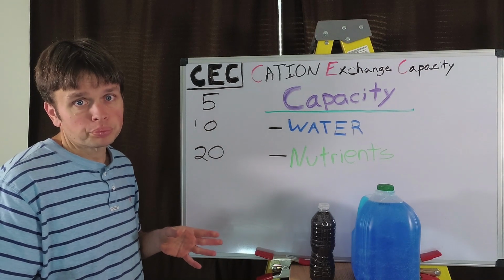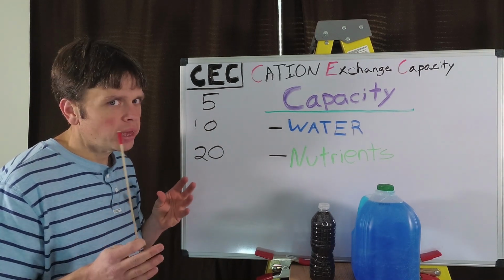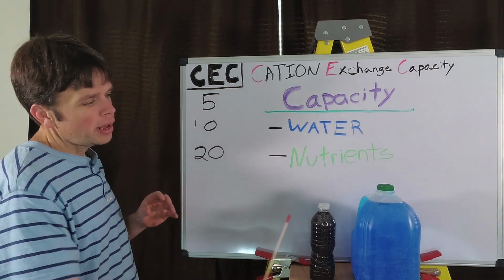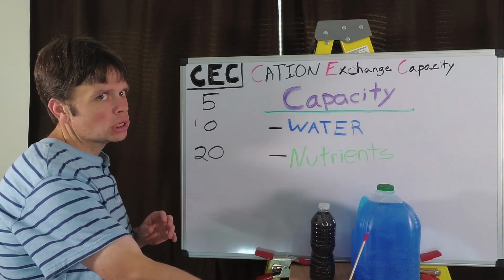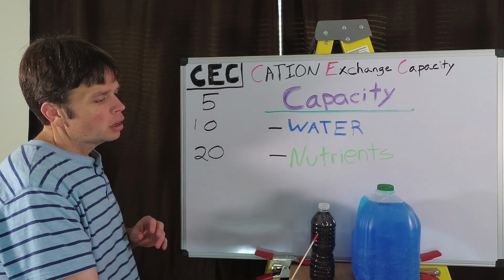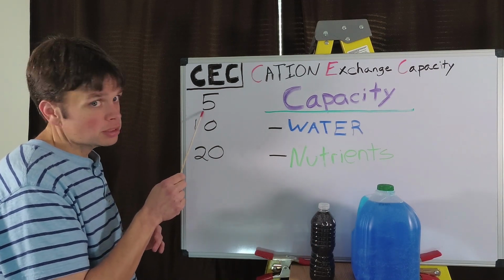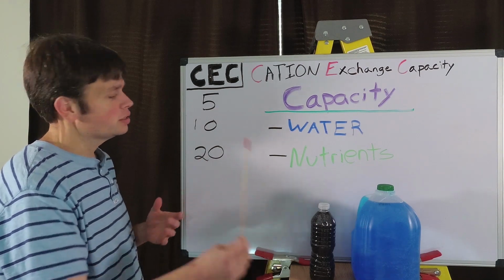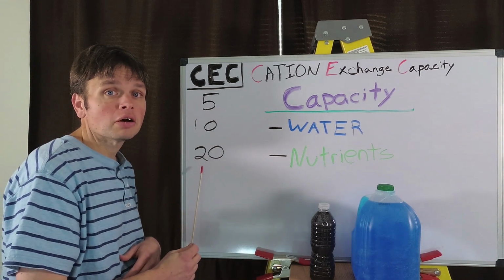And because props really help paint a clearer picture, I have these two containers of water. This one here represents a CEC of 5, and this one, as you can guess, represents a CEC of 20.